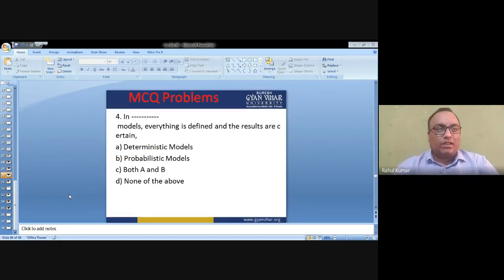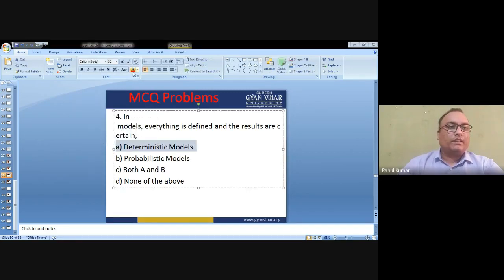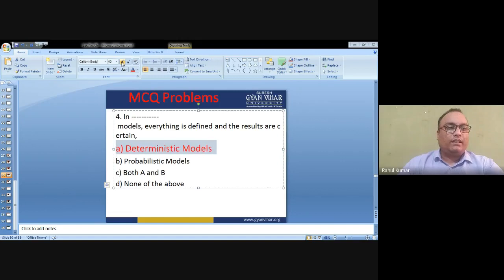Fourth question: in models, everything is defined and the results are certain. Deterministic model, probabilistic model, both A and B, and none of the above. Then the model is here. The correct answer for this question is A, right?